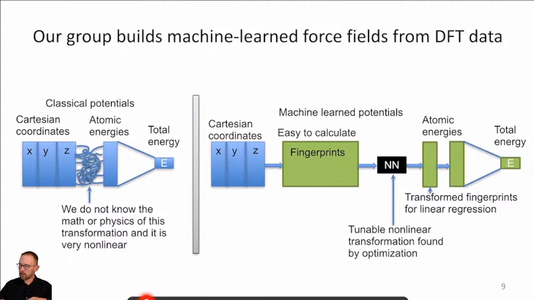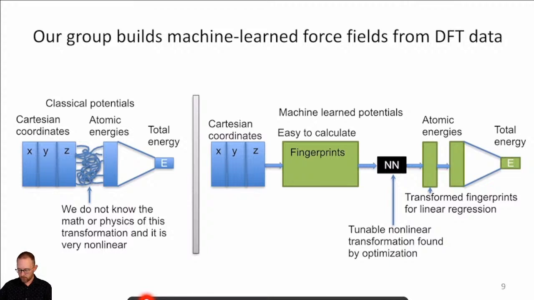In machine learning, we kind of turn the problem around a little bit. We have the same input, Cartesian coordinates and the atoms, and what we do is calculate something that I'll call a fingerprint. This fingerprint is a numeric vector, let's just think of it for now as some transform of xyz into a vector. That vector we're going to feed to a neural network. Could be another machine learning algorithm as well. But this network is just, the way I'll describe it, a tunable nonlinear transform that we find by optimization.